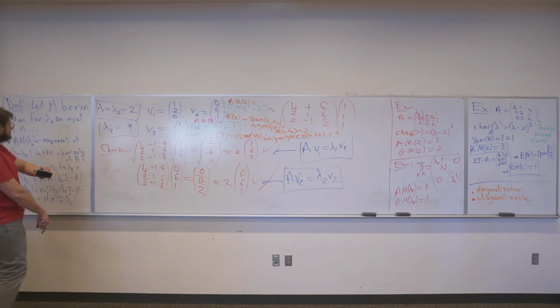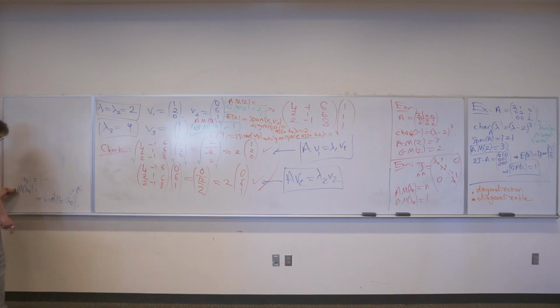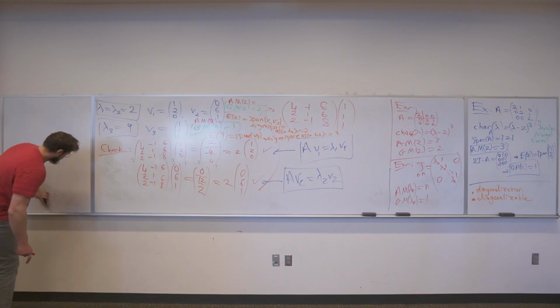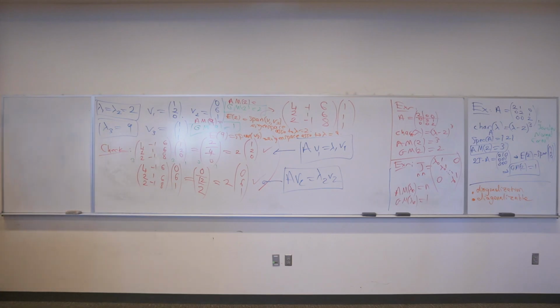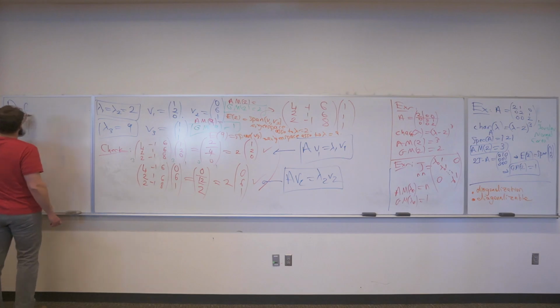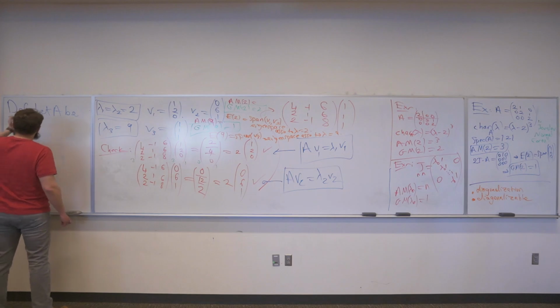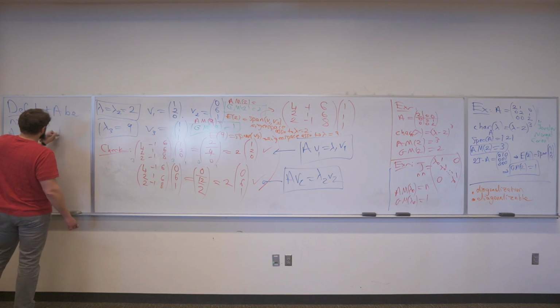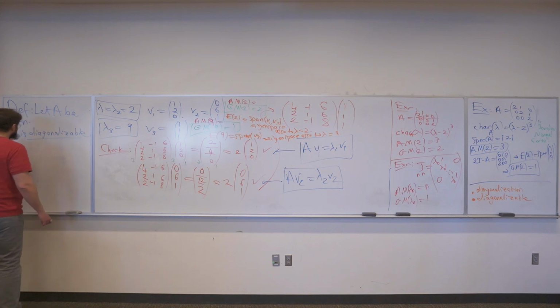I think I'll erase this. And this is where relativity comes back into play. A is diagonalizable if, let me put it this way perhaps, either one of the equivalent conditions hold.